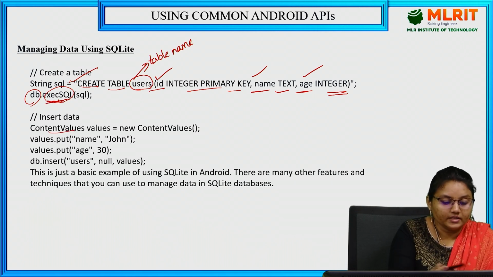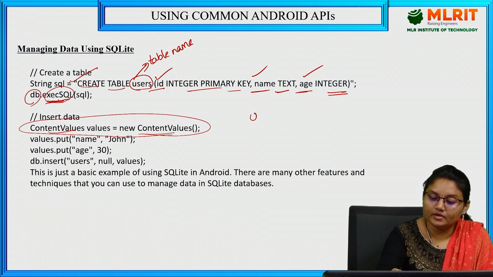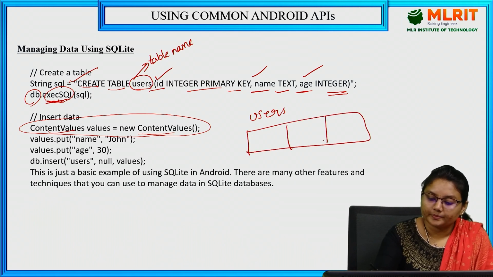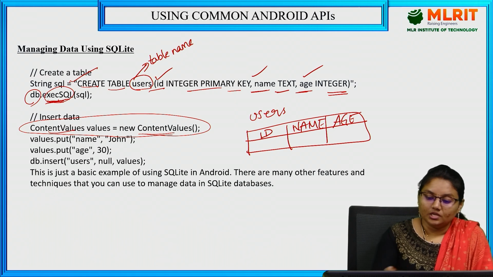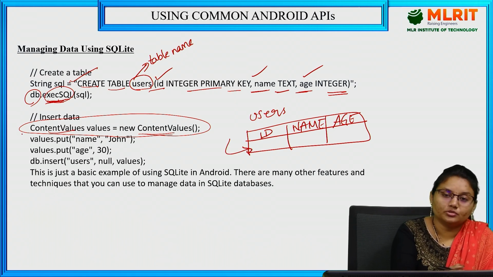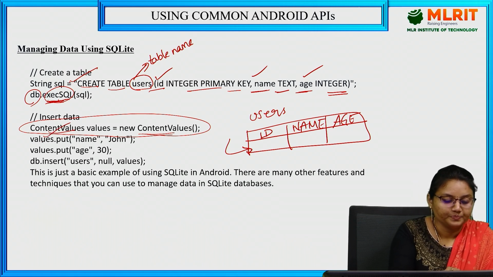Now, new ContentValues. This is to insert the data. ContentValues means you have a users table with the fields ID, name, age, and the values have to be inserted. To insert these values, you use ContentValues. values.put, put means to write.